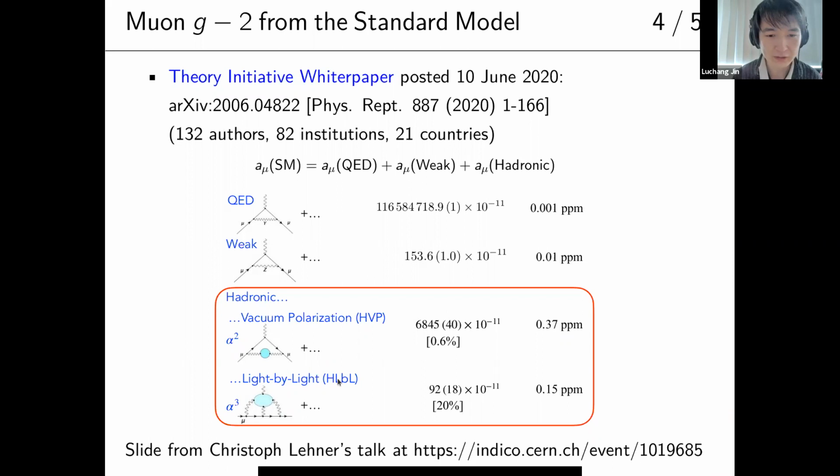The second is hadronic light-by-light, which has three additional photons, therefore it's order alpha cubed, a higher order. This is topologically different from the hadronic vacuum polarization. Since it's higher order, it has a much smaller value with relatively small uncertainties.